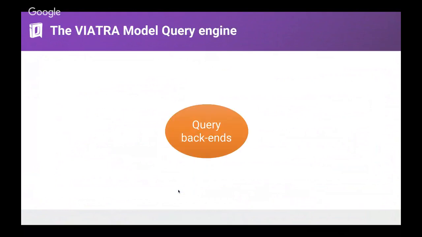On the runtime side, VIATRA actually offers several so-called backends now. So these query definitions are interpreted by these backends in order to calculate the results. These backends actually not only just do interpretation, but they also do optimization strategies as well in order to determine the most efficient way of actually calculating the results of the query.